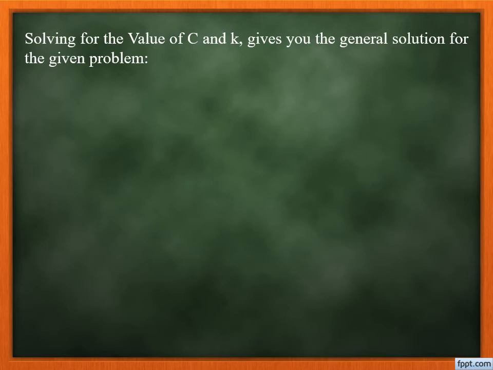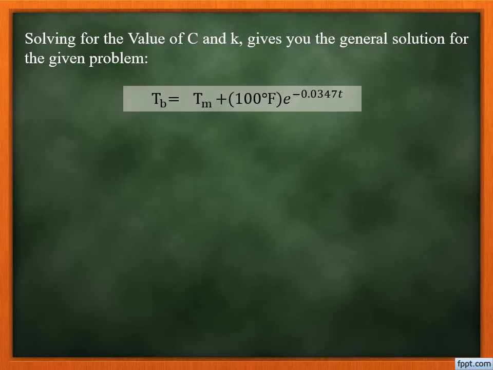Solving for the values of C and K gives us the general solution for the given problem, or the mathematical model: the temperature of the body is equal to the temperature of the medium plus 100 degrees Fahrenheit times e raised to negative 0.0347 T. We can now proceed in solving the problems.